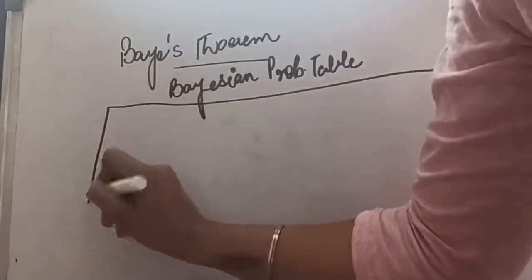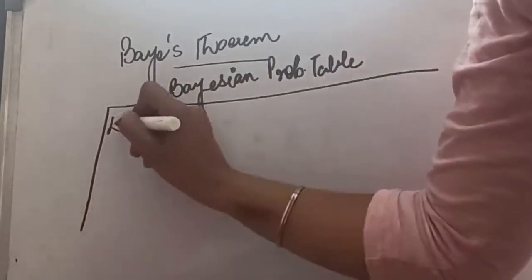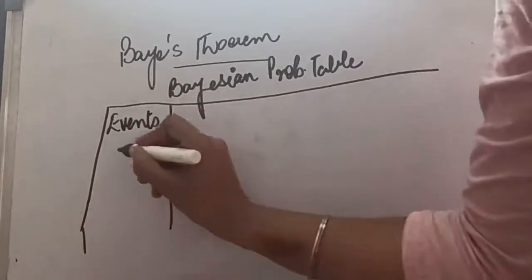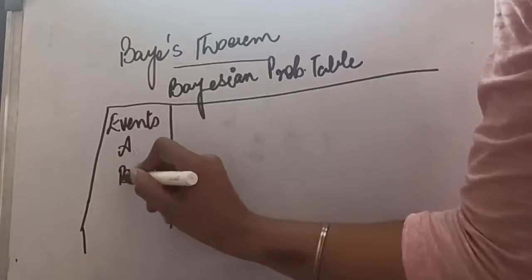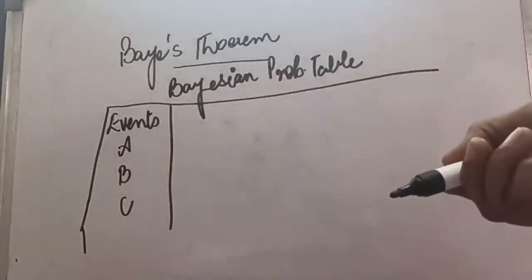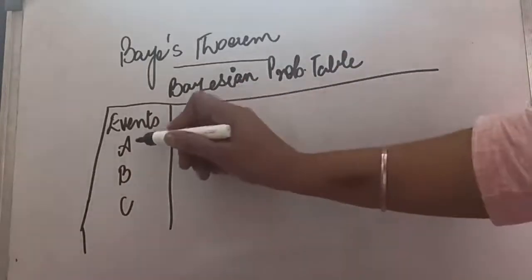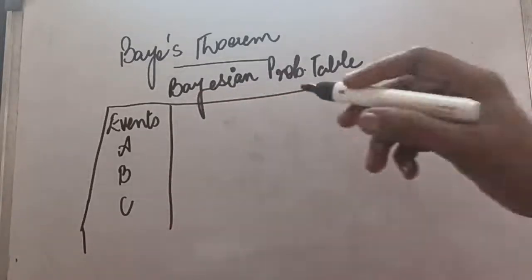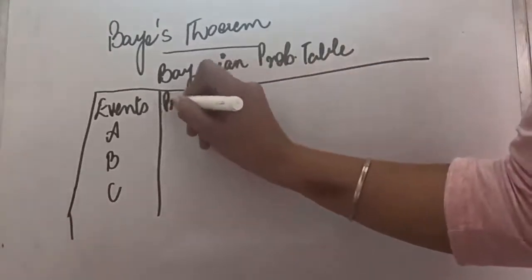Now first of all we will create columns. The first column in this table is events. As you could see from the question, there were three bolt factory machines. In any question it can be 4, it can be 2. So these are the events. The second column is prior probability.